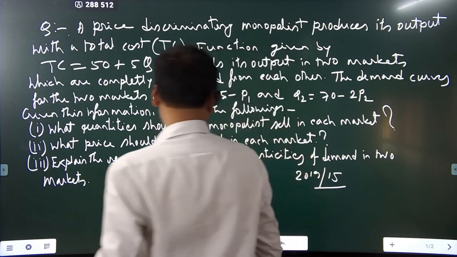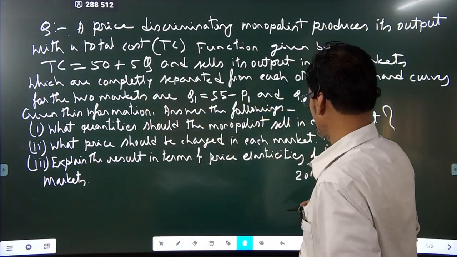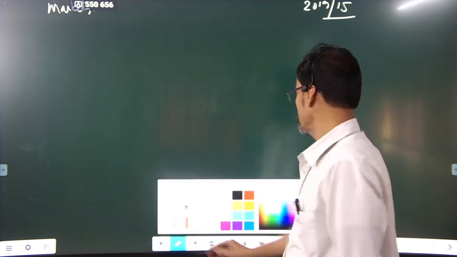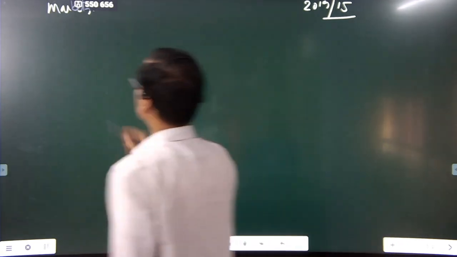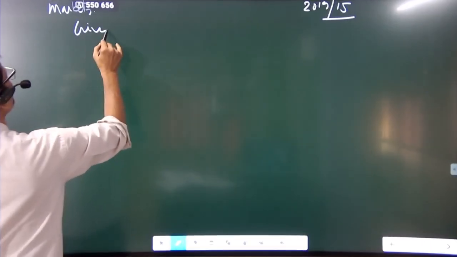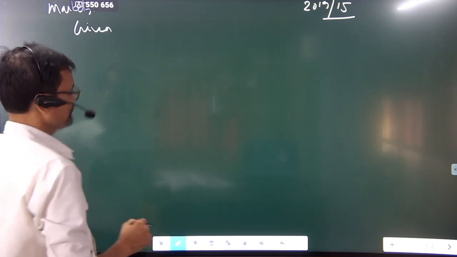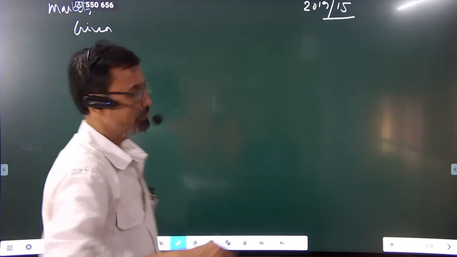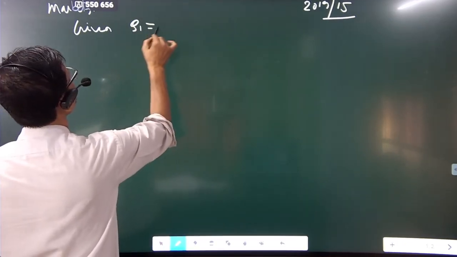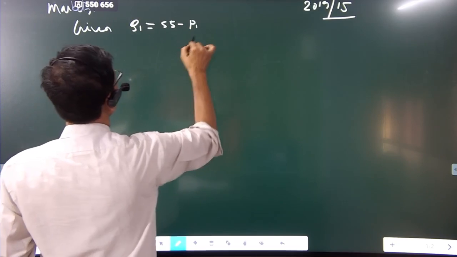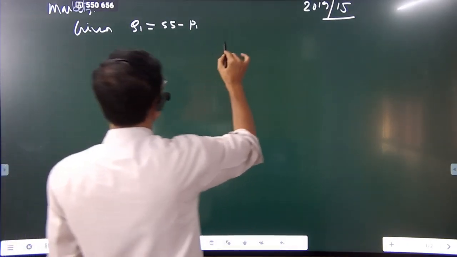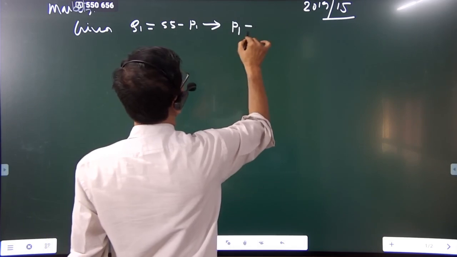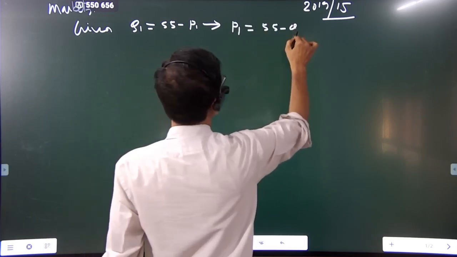Now come to the solution. We are given demand functions. First, Q1 is equal to 55 minus P1, so in terms of Q1, P1 is equal to 55 minus Q1.